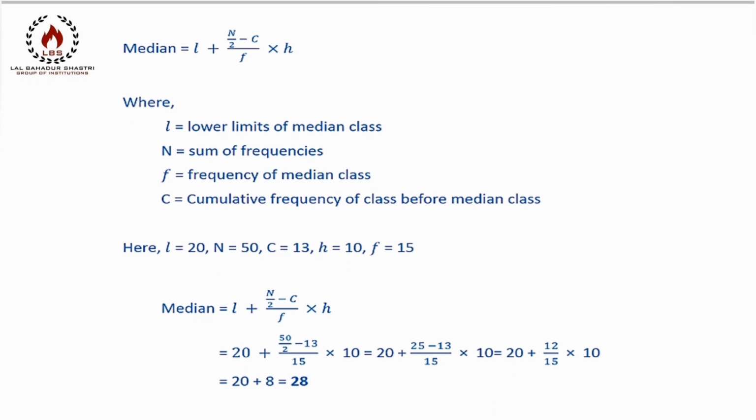Median is equal to L1 plus (n by 2 minus CF) upon f, into height or interval. In this case, what was the lower limit of the median class? 20 to 30, so the lower limit is 20, n is 50, height means upper limit minus lower limit, that is 30 minus 20, which is 10, and f is the frequency of the median class.